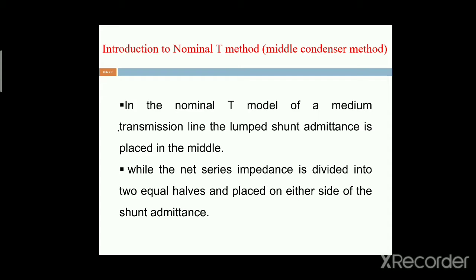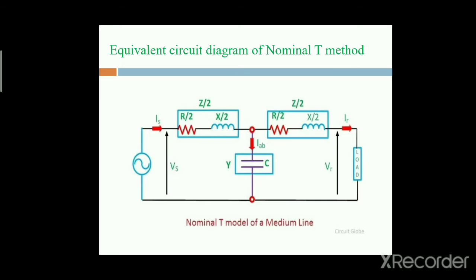That will be observed in the equivalent circuit diagram. While observing this circuit diagram, the shape of the parameters is a T. That's why we call it the nominal T.